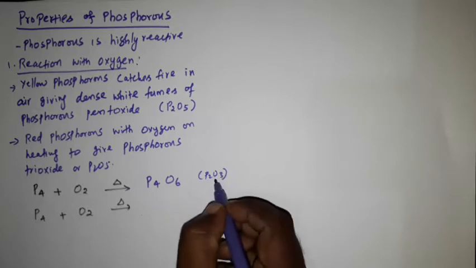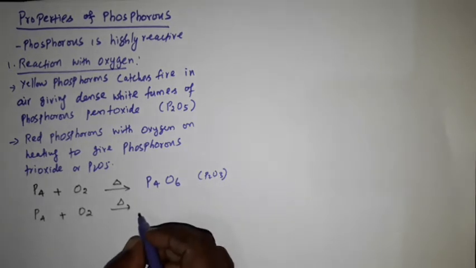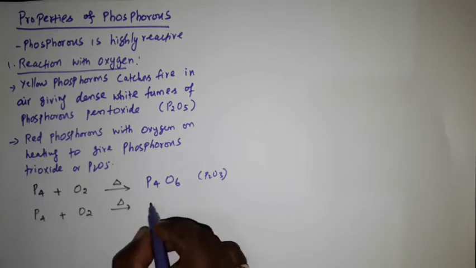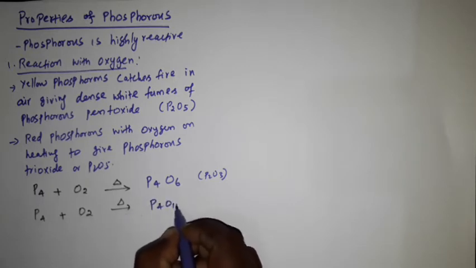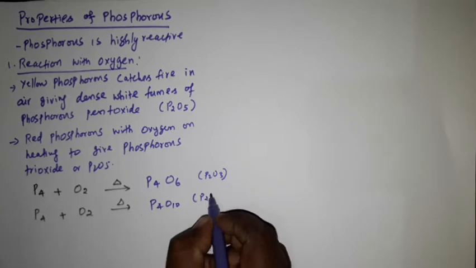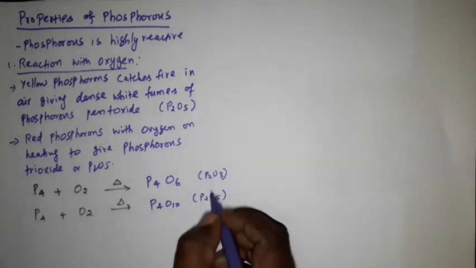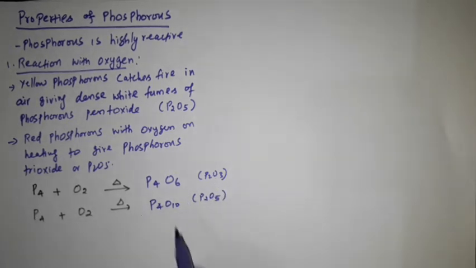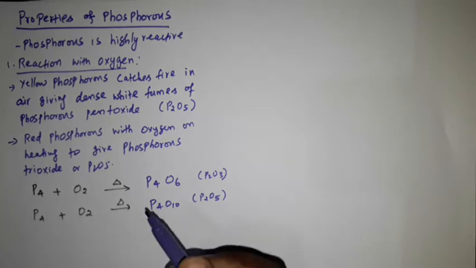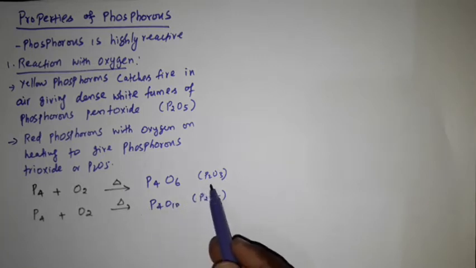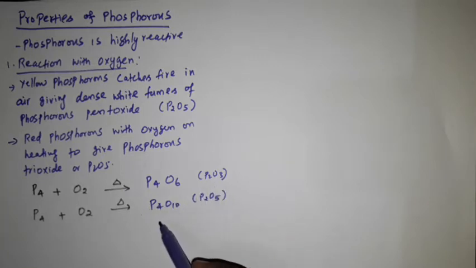This is phosphorus trioxide. Then P4O10, simply you can write P2O5, which is the empirical formula. Actually P4O6 is the phosphorus trioxide, so P2O3 is the empirical formula. P4O10 is the phosphorus pentoxide molecular formula, and P2O5 is the empirical formula.